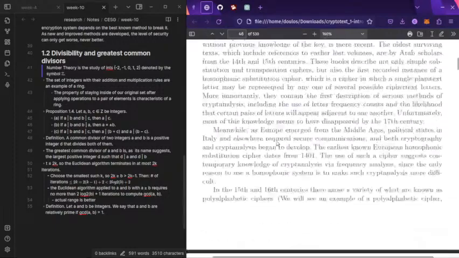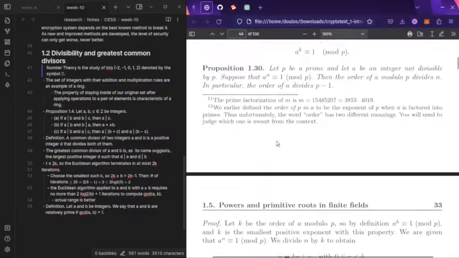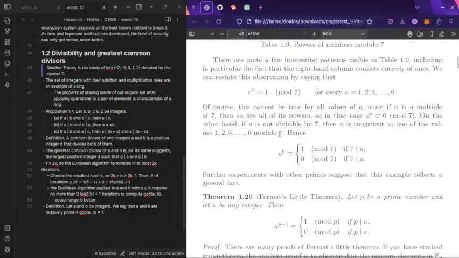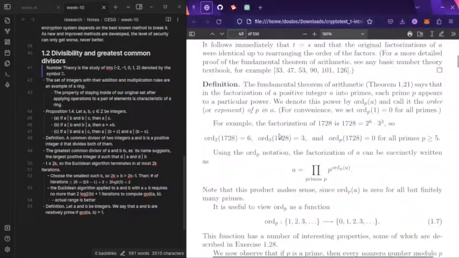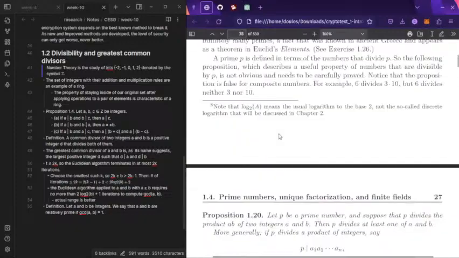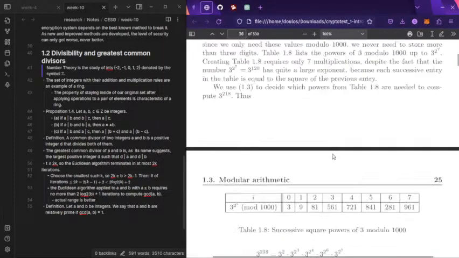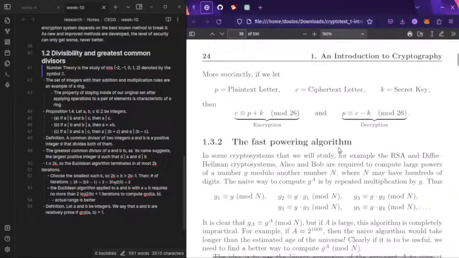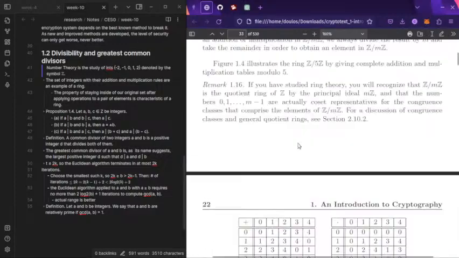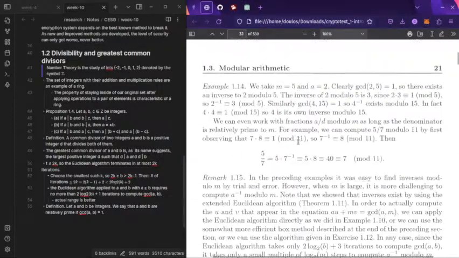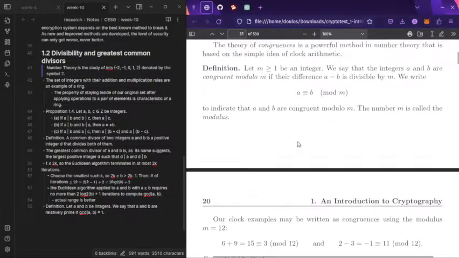So I think we'll probably skip 1.6, 1.7. So I'll probably be able to finish this afternoon. 1.4 about primes is not too bad. It's pretty good, like prime fields and all this fun stuff. But yes, modular arithmetic and the fast powering algorithm will be next time this afternoon.